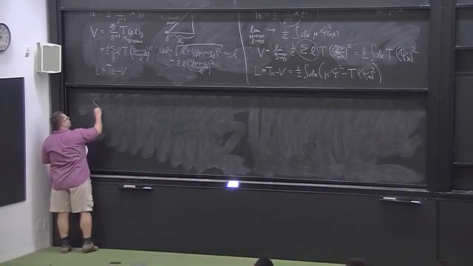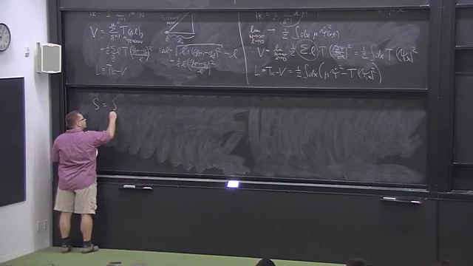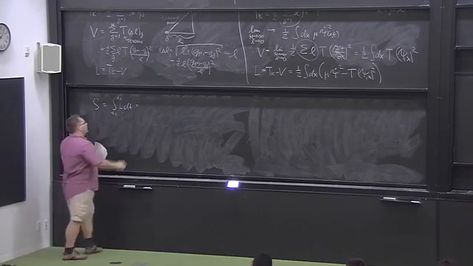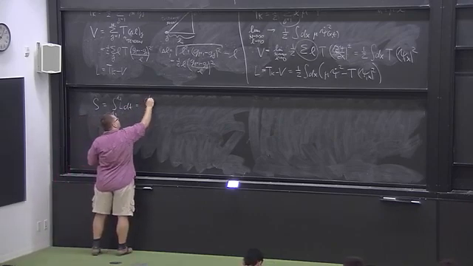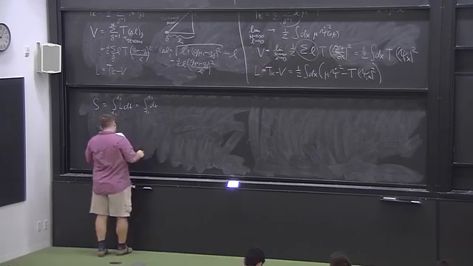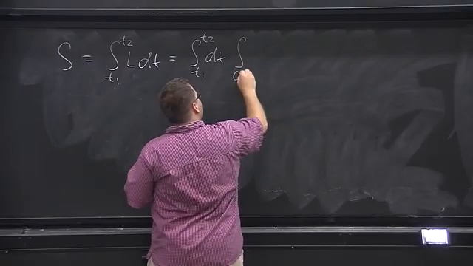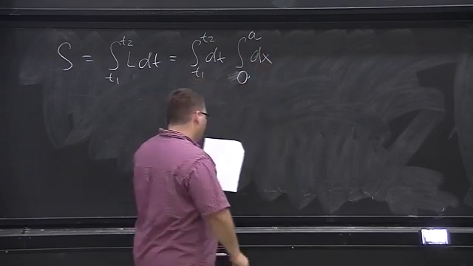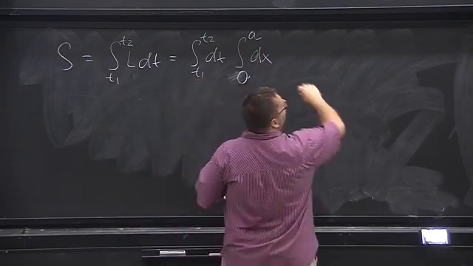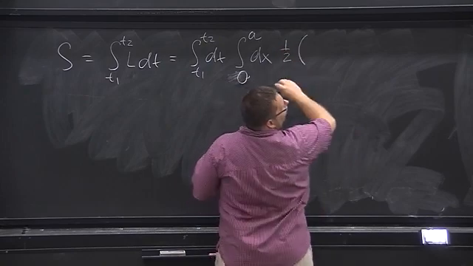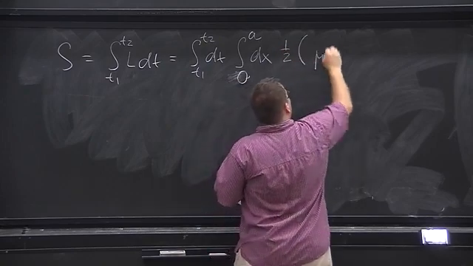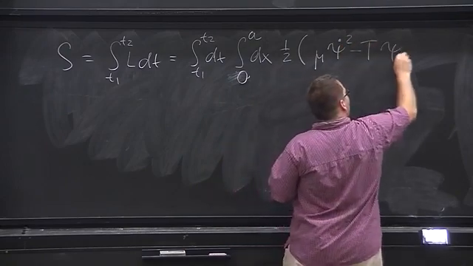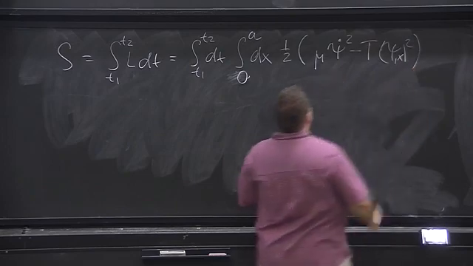So your action, which is an integral t1 to t2 L dt, is simply an integral from t1 to t2 dt, but also an integral from 0 to a of dx of this thing here, which is 1/2 mu psi dot square minus t psi x square.